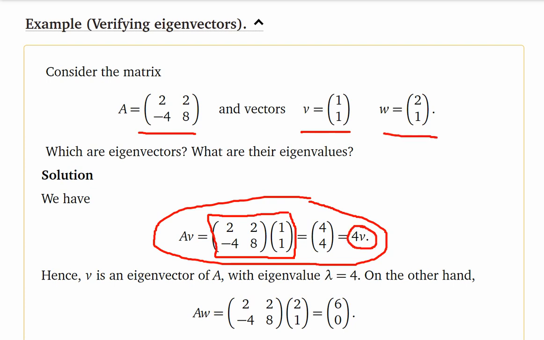But with w, notice that this is not a scalar multiple, because if it was, it would have to have the value of 3. So we know that v is an eigenvector, and w is not. Also, I know that the eigenvalue associated with v is 4, because that was the scalar multiple that popped up when I did the multiplication.